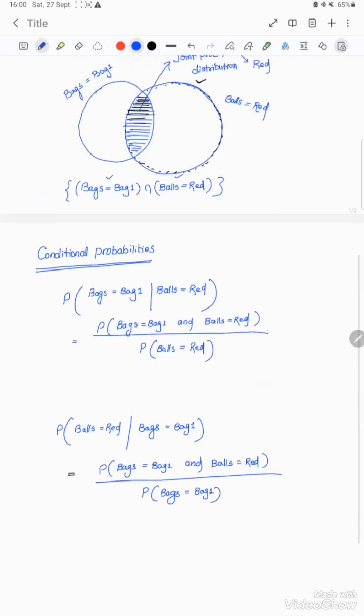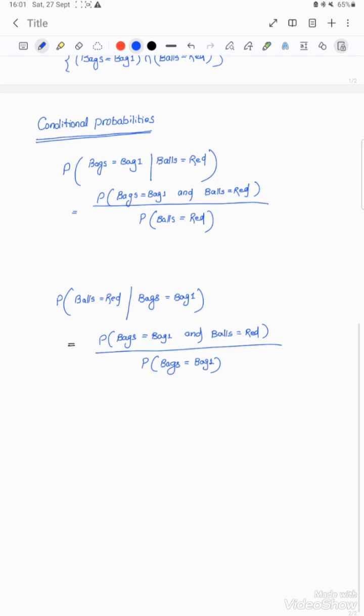This is basically a symmetrical type of setup. The way I computed one particular condition is exactly similar to the way I need to calculate the other conditional event. So this is the computation of conditional probability.